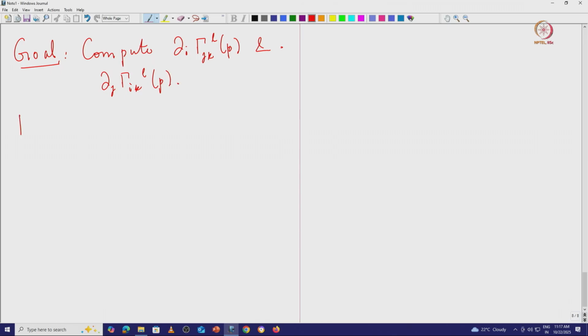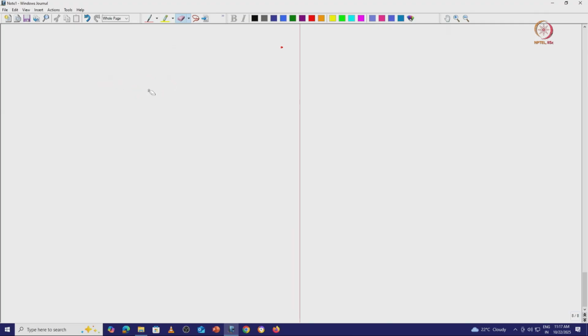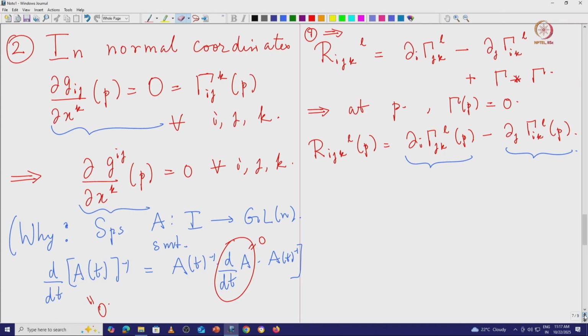Okay. So for that, I recall a formula for the Christoffel symbol. Sorry, let me go back. What I really want to compute is R ijkl at P, which is obtained from the endomorphism by lowering the index.